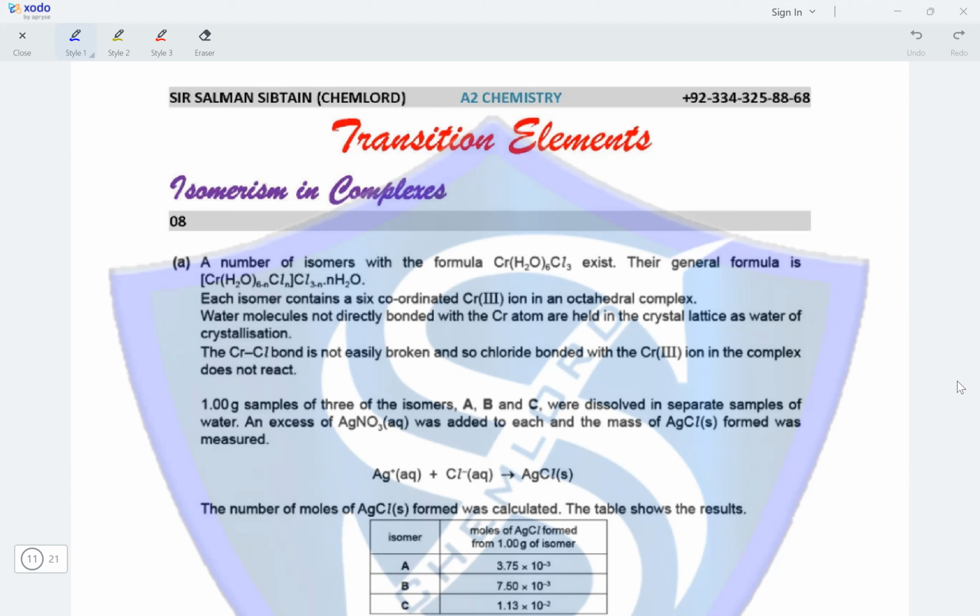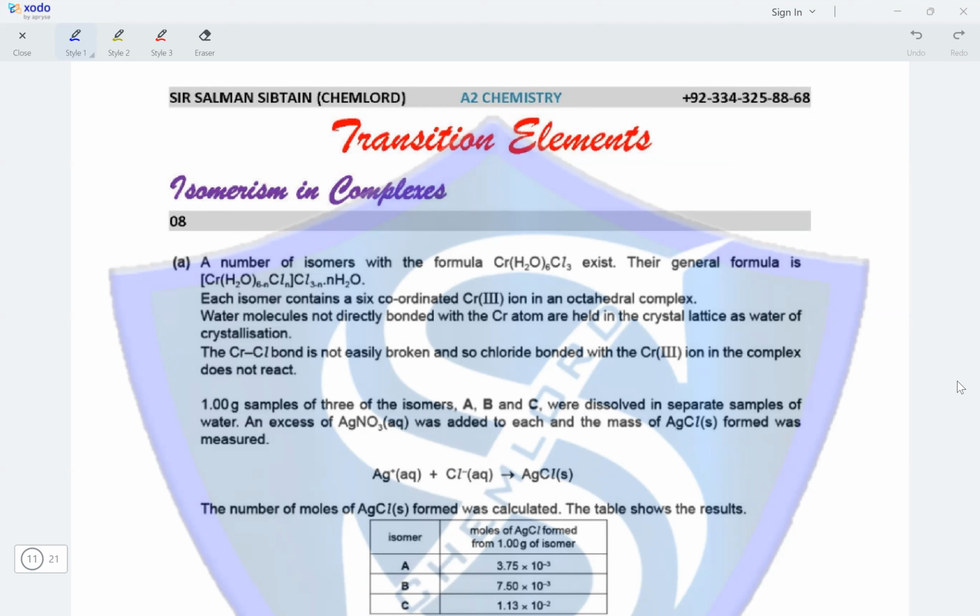Okay, so Ag positive reacts with one chloride ion forming AgCl. The number of moles of AgCl solid formed was calculated, and the table shows the results. A has a value of 3.75 times 10 to the power minus 3. B has a value of 7.50 times 10 to the power minus 3.